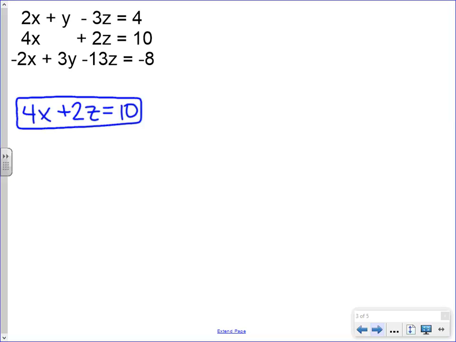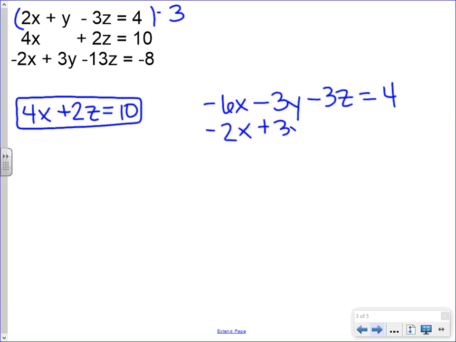How are we going to do that? We need to multiply the top one by -3. So we have -6x minus 3y minus 3z equals 4. -2x plus 3y. Okay.